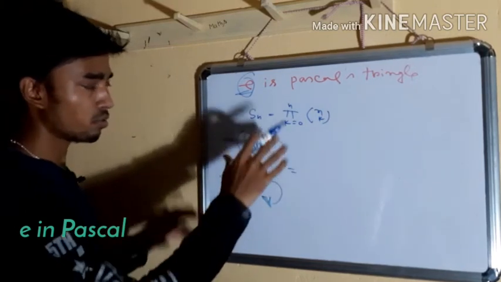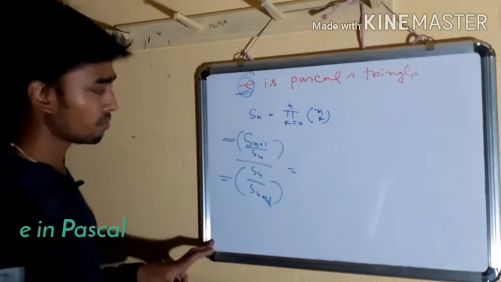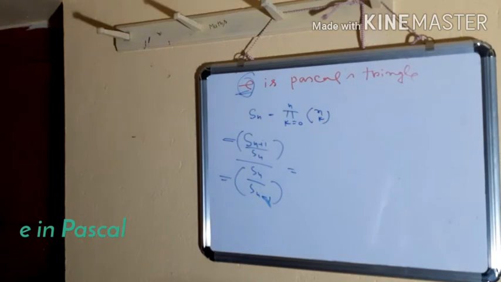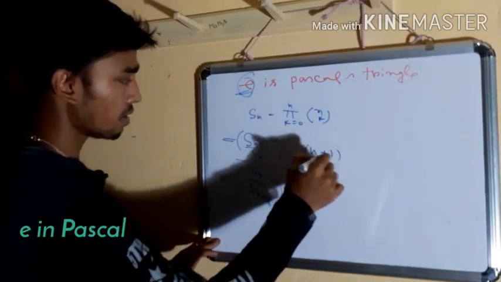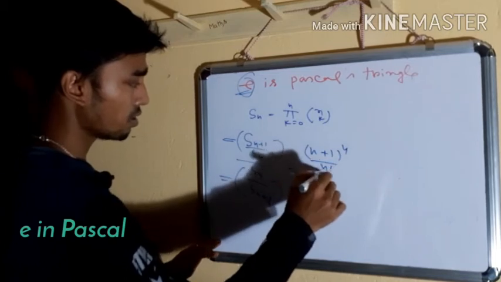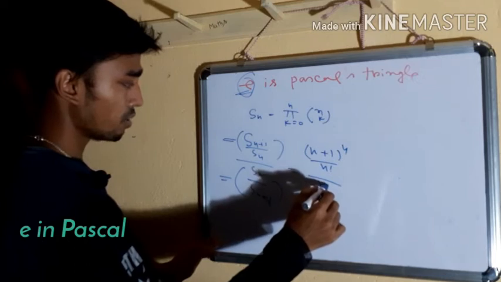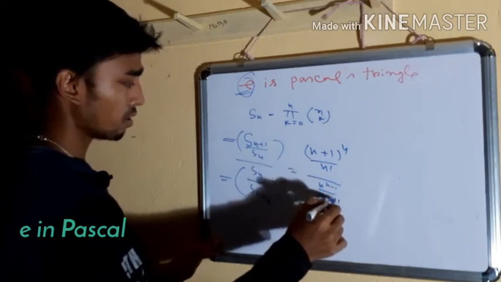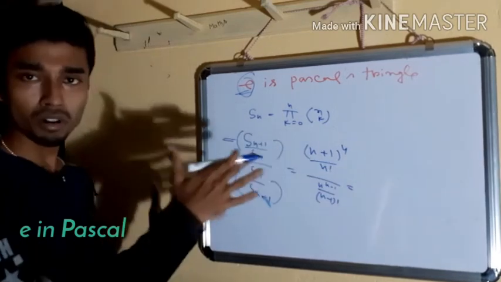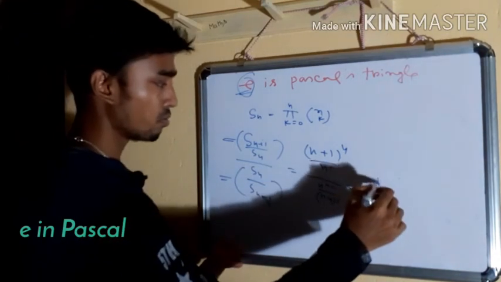If we calculate Sn plus 1 by Sn, it generates n plus 1 to the power n by n factorial, and Sn by Sn minus 1 generates n to the power n minus 1 by n minus 1 factorial. If we calculate all these things together, it generates a beautiful thing.